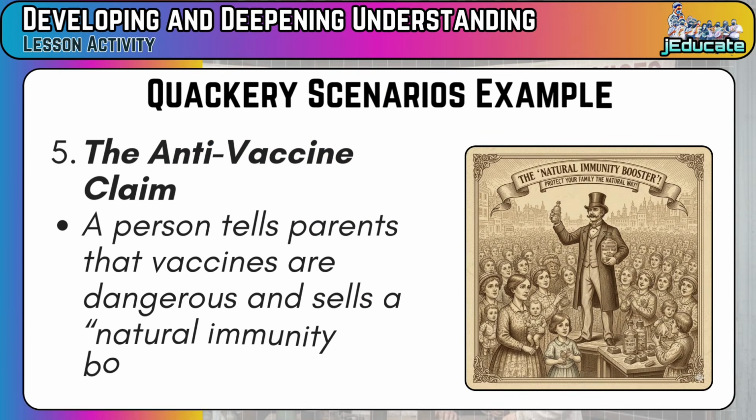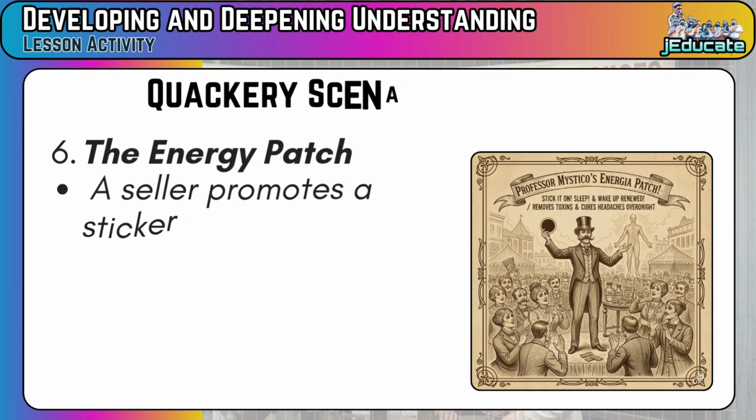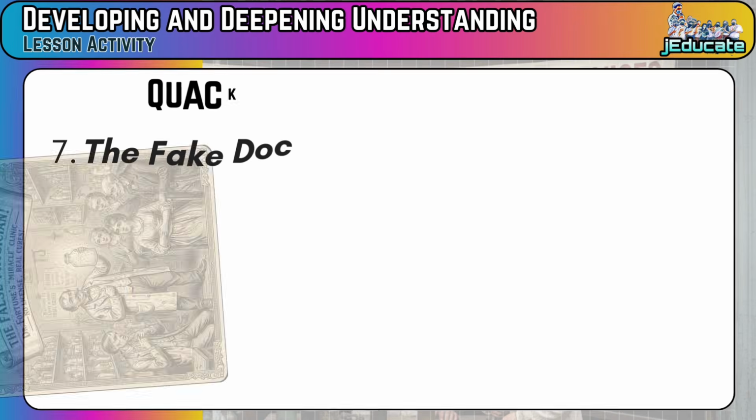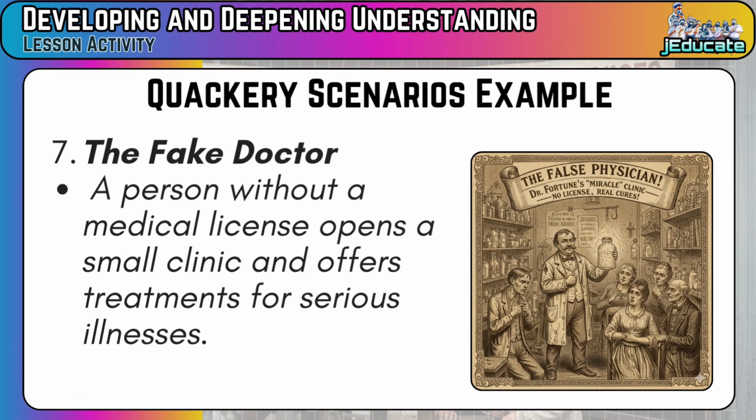Number 5, the anti-vaccine claim. Number 6, the energy patch. Number 7, the fake doctor.